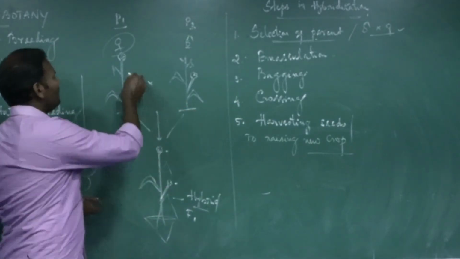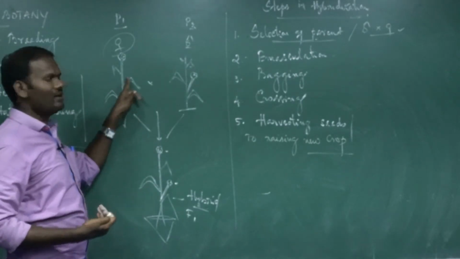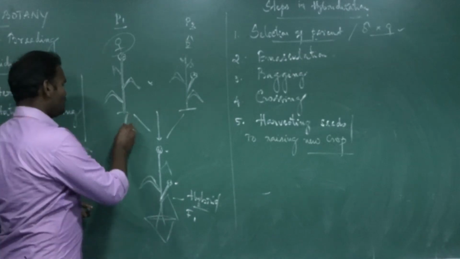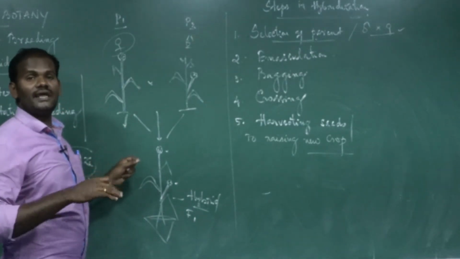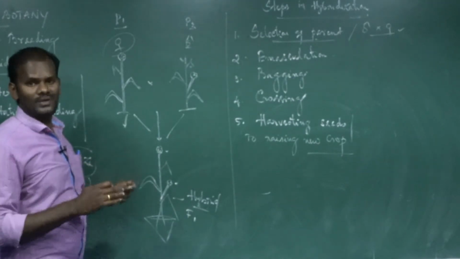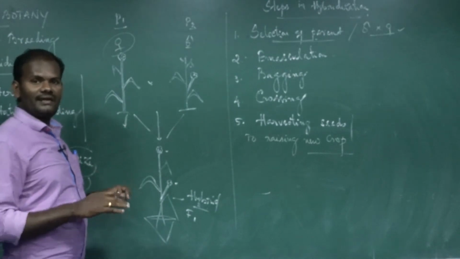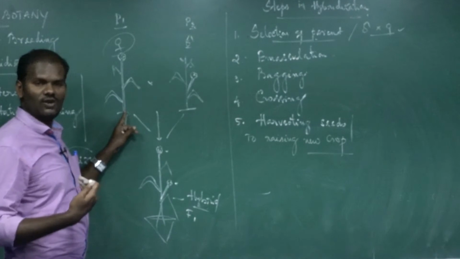If you raise the plant for several generations by self-pollination alone, it does not alter any phenotypic or genotypic characters. Morphological and genetic characters do not alter even after five generations of self-pollination alone.